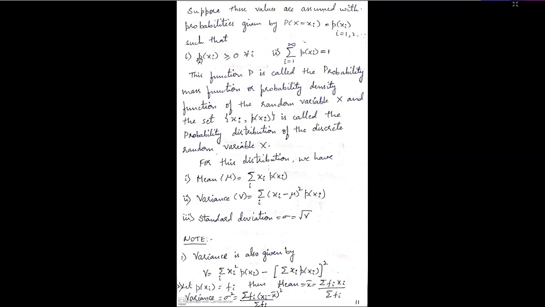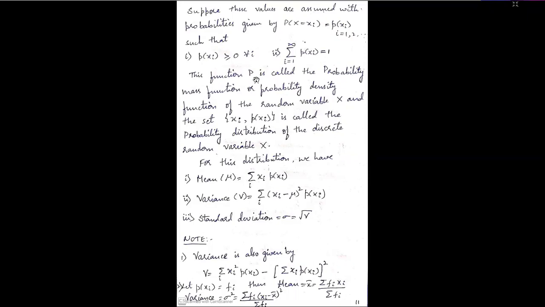The condition is p(xi) is always greater than or equal to 0 for all i. This is understood as probabilities are always non-negative. I will take the summation of these probabilities, and you should get it as 1.